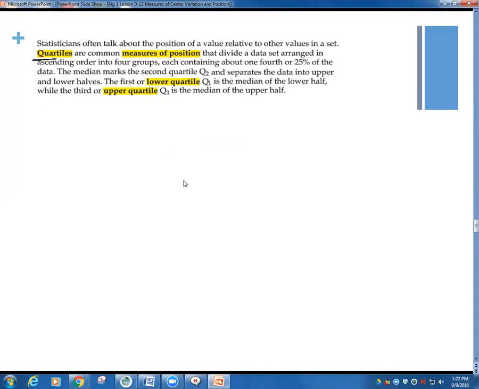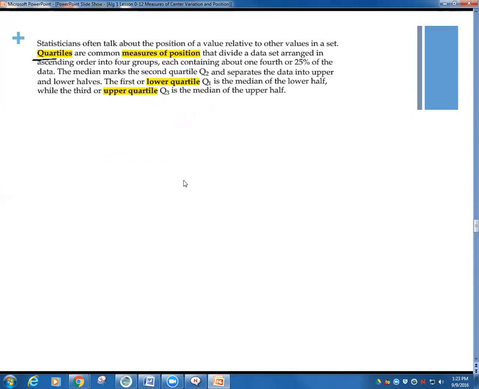Quartiles divide a data set arranged in ascending order into 4 groups, each containing about 1/4 or 25% of the data. The median marks the second quartile, called Q2, and separates the data into upper and lower halves. The first or lower quartile, called Q1, is the median of the lower half, while the upper quartile, Q3, is the median of the upper half.